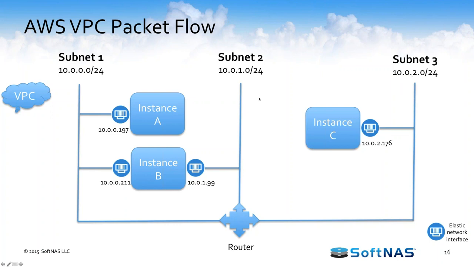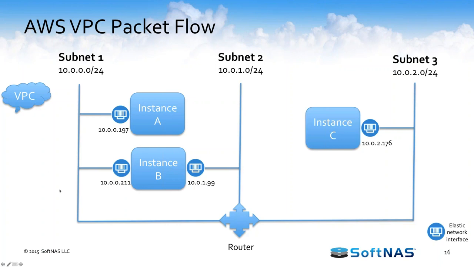We've got three instances. Instance C here is connected to subnet 3. Instance A is connected to subnet 1, right? And instance B actually has two elastic network interfaces, or ENIs, that are connected to two different subnets, right? Subnet 1 and subnet 2.